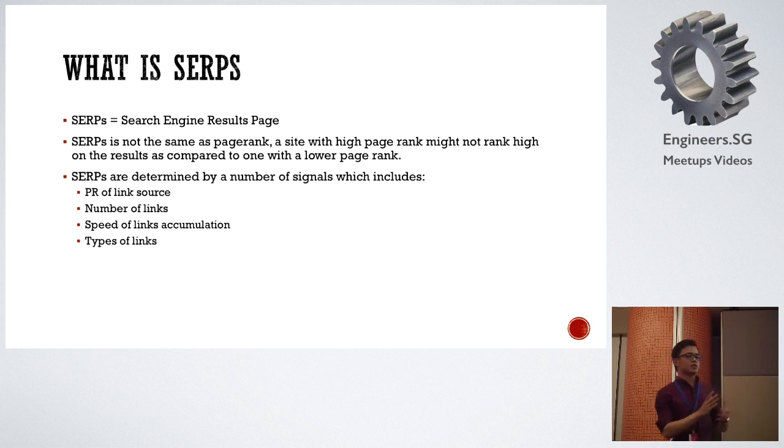So the types of links as well. Links can come from many places. Your Facebook page is a link. Your Twitter page is a link. Pinterest is a link. You can go to forums, like Hardware Zone, and share something and say click here. You see random people always asking you to click here, or sharing some funny links. These people are just trying to build links through forums.